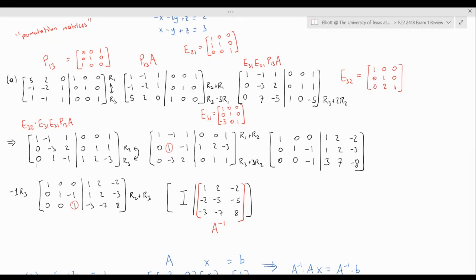So every time that you do a row operation, it's going to add another elementary matrix, and that elementary matrix always goes on the left, okay?